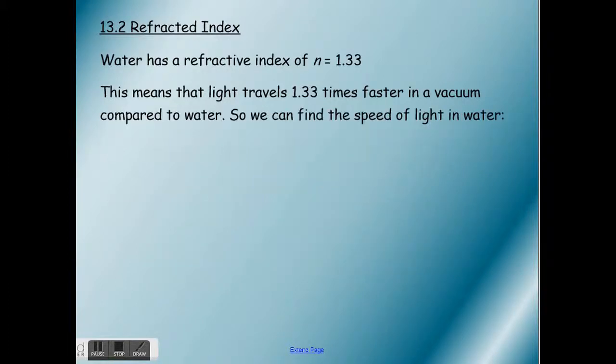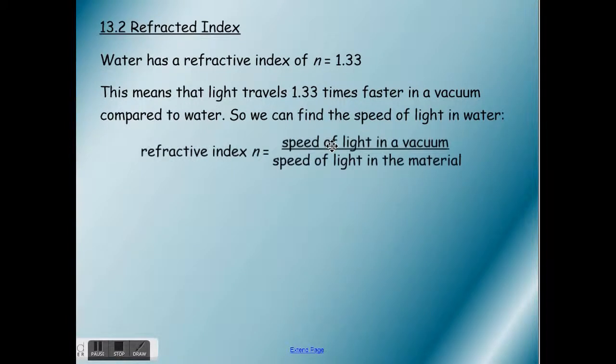Water has a refractive index of n equals 1.33. This means that light travels 1.33 times faster in a vacuum compared to water. So we can find the speed of light in water using our formula. I know the speed of light in a vacuum, and I know n, which is 1.33.